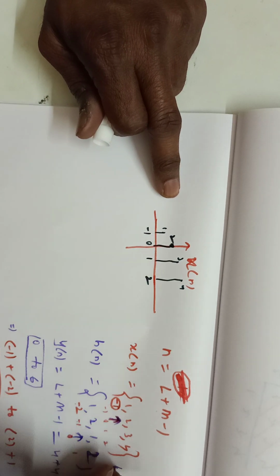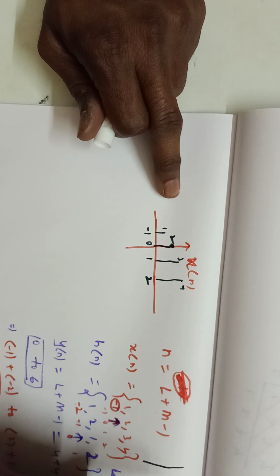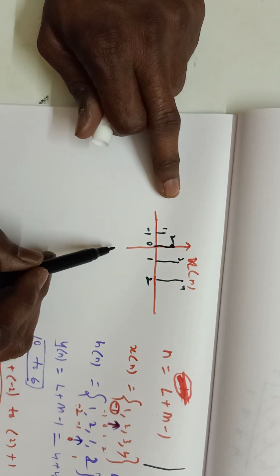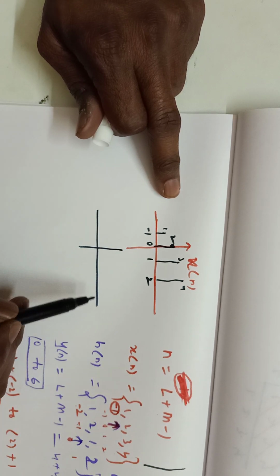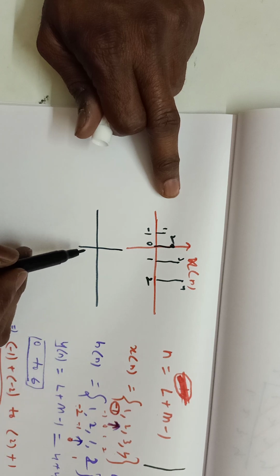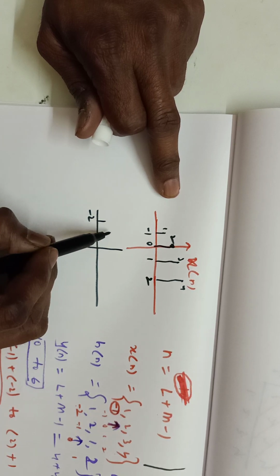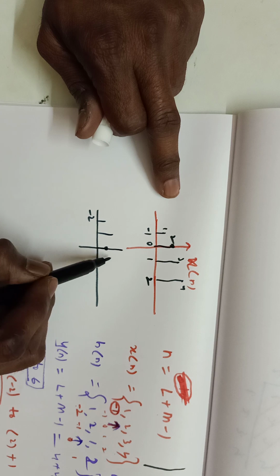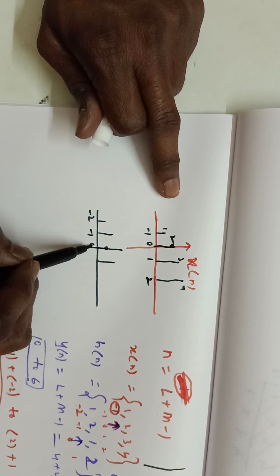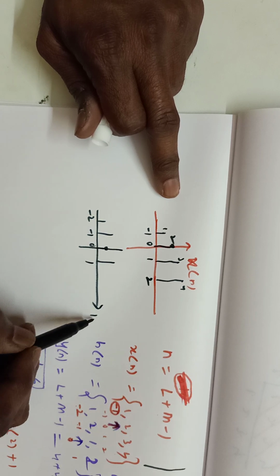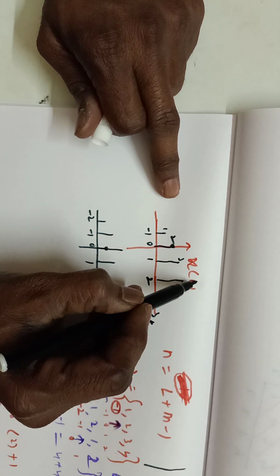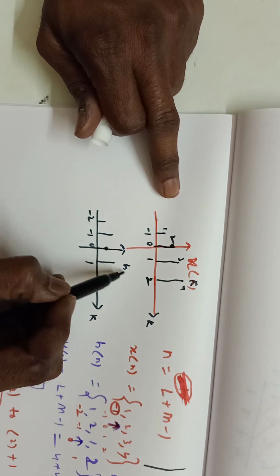So what is h of k? It is 1, 2, 1, 2, but it is starting from -2: 1, 2, 1, 2. Okay, this is k, x of k, h of k.